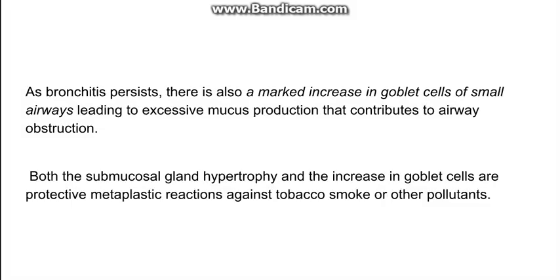This hypersecretion of mucus is due to a marked increase in the goblet cells, and these goblet cells lead to excessive mucus production, and then there is airway obstruction. But both the submucosal gland hypertrophy and the increase in the goblet cells are actually the body's mechanism to protect the epithelia against the tobacco smoke or other pollutants.